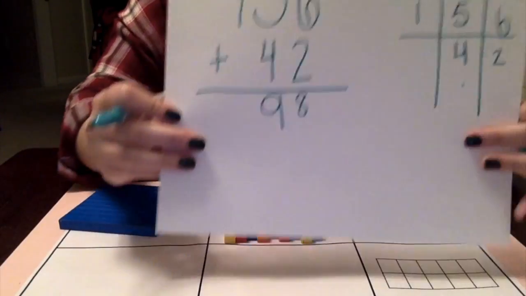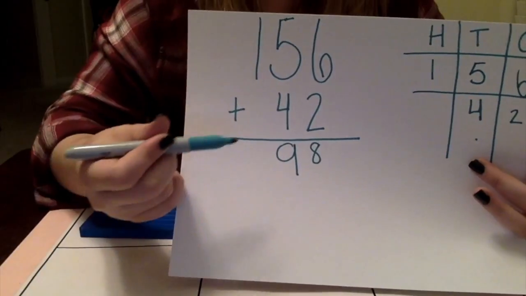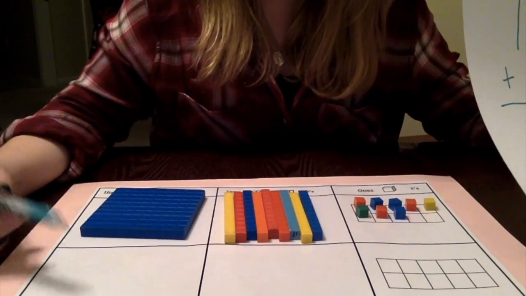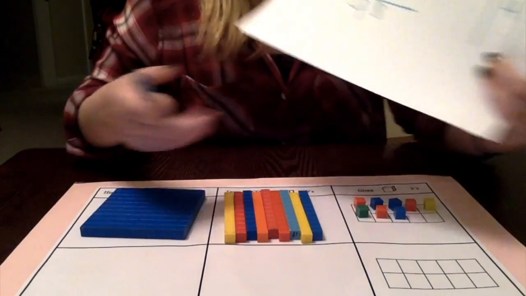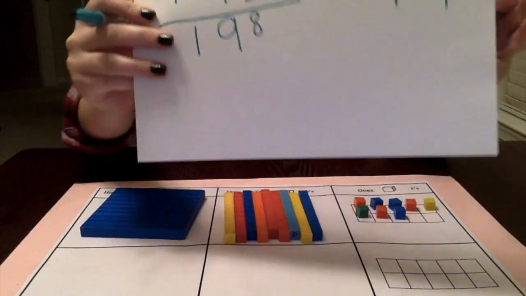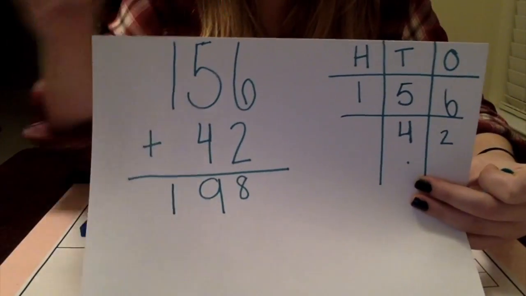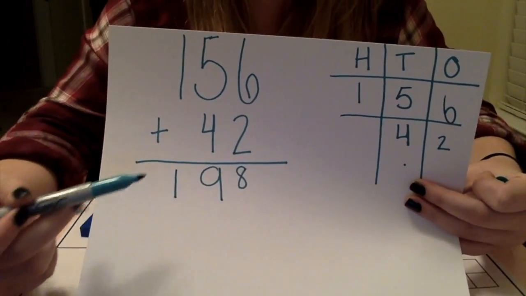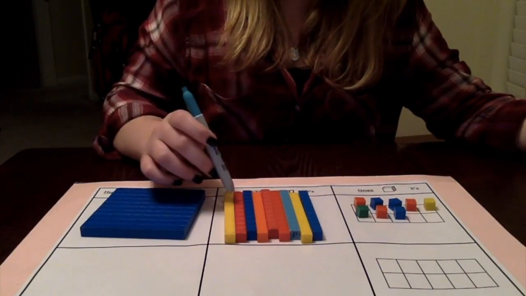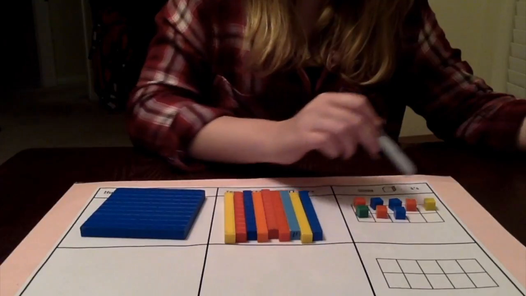And now I'm going to look, and I'm not adding any hundreds here, and I don't have any hundreds down here on my place value chart, so I'm still left with 100. And so on my problem, 156 plus 42 is equal to 198.